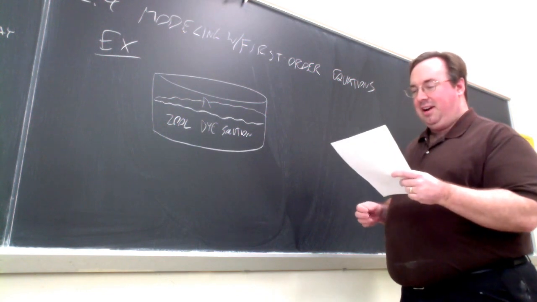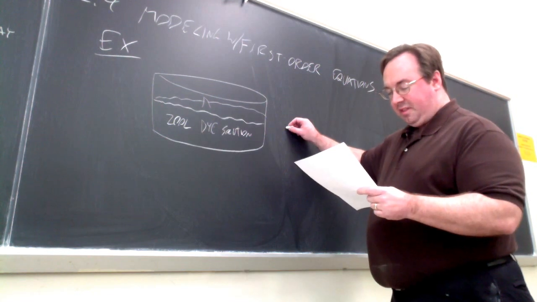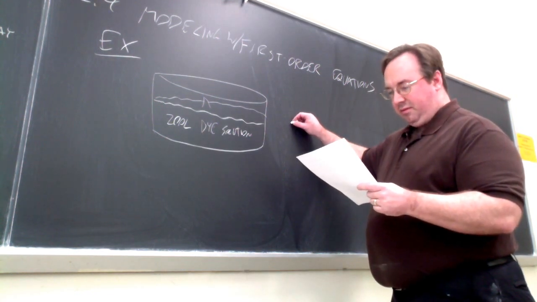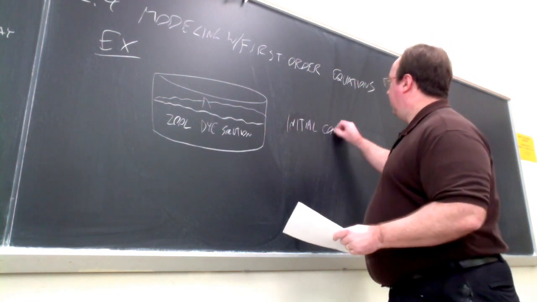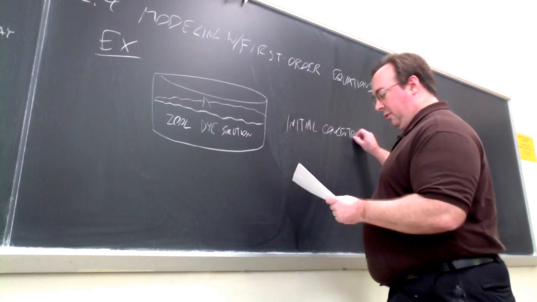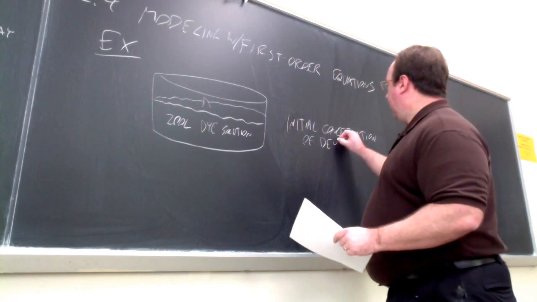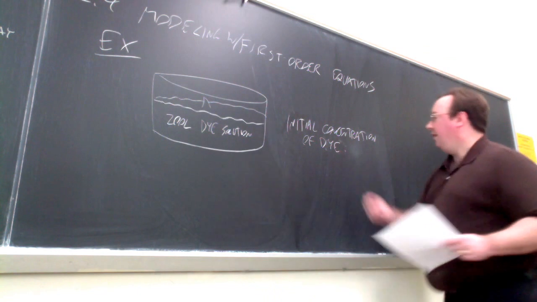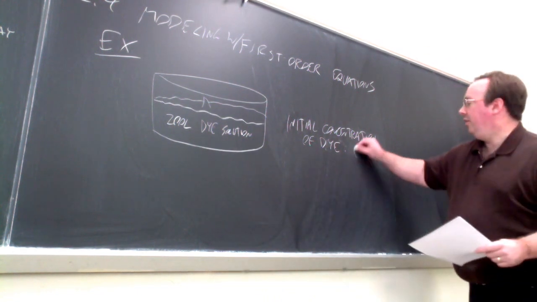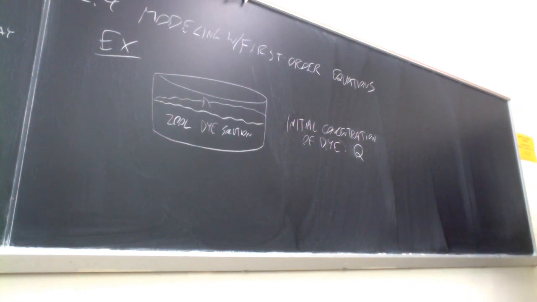So the initial concentration of the dye, whoa, that was really bad spelling. I'm going to use the variable Q to refer to concentration of the dye at any time t.